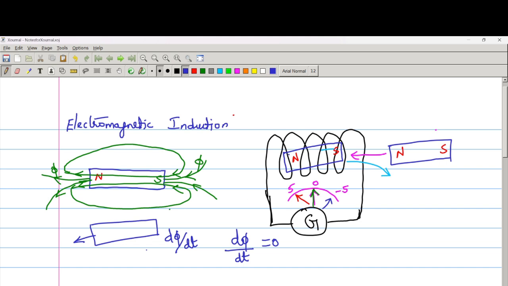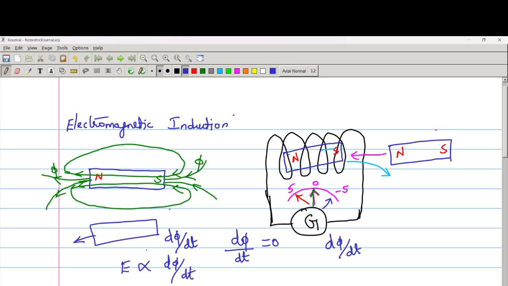Therefore, again there is some rate of change of flux. So from this, what is meant by electromagnetic induction is that the induced EMF in this electromagnet is directly proportional to the rate of change of flux with respect to time.